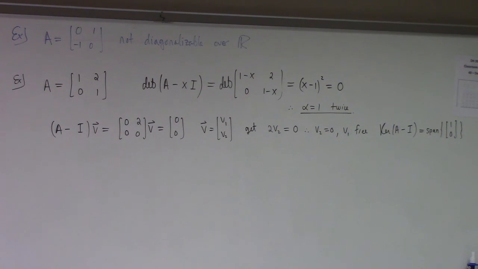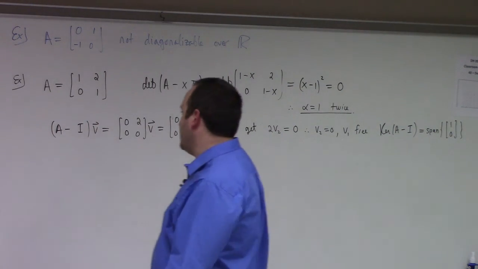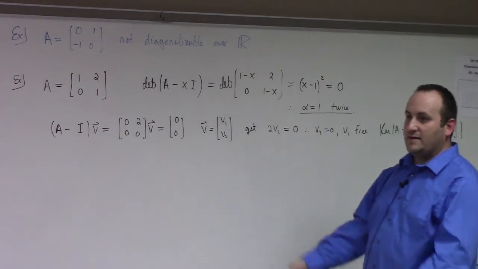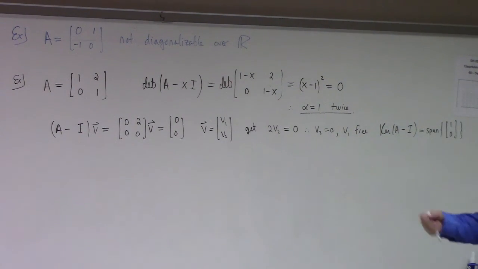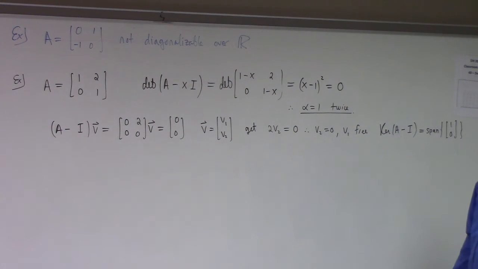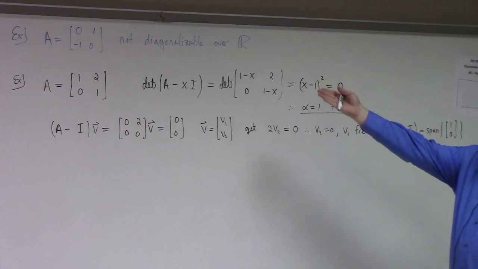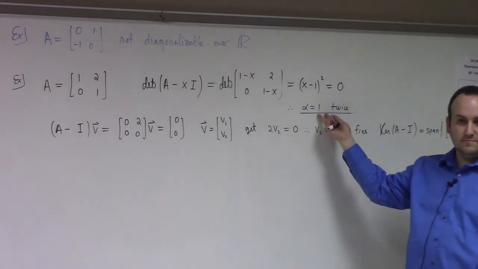So by the direction I haven't proved yet, it follows that A is not diagonalizable because you simply cannot produce an eigenbasis for it. There's only one eigenvector to find here. Sometimes there's none. Sometimes there's 1, even when the eigenvalue was repeated.